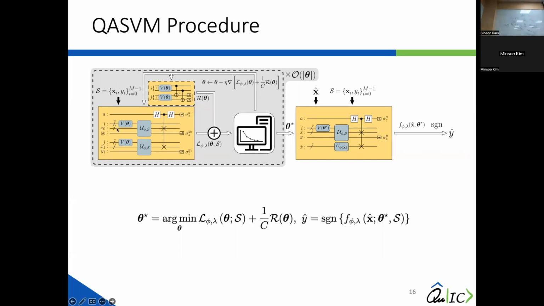Okay. So small m is just log N. I didn't want to write log N. And n is just the number of qubits we need for the data. So you can think of n as the dimension of each data.